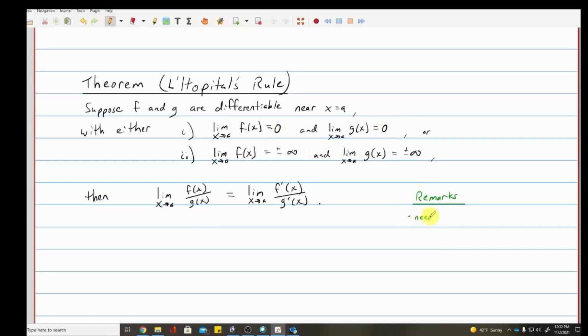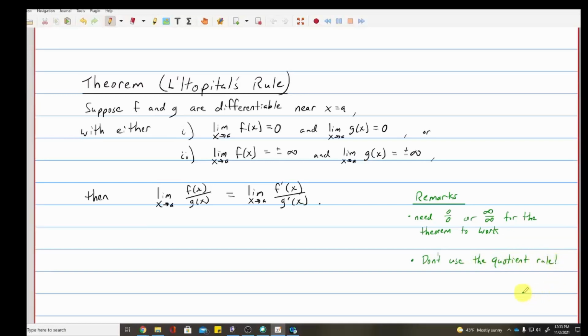So we need 0 over 0 or infinity over infinity for this theorem to work. The next remark that's very important is I'm thinking about f and g as being their own separate functions. So the limit of this quotient f over g is equal to this limit of this quotient f prime over g prime. I'm not differentiating the quotient, so that's why we don't use the quotient rule.